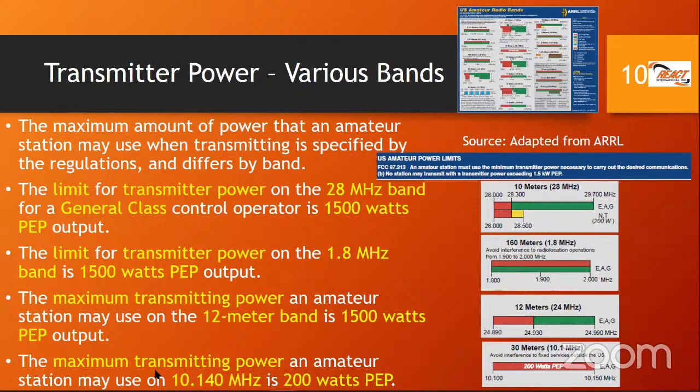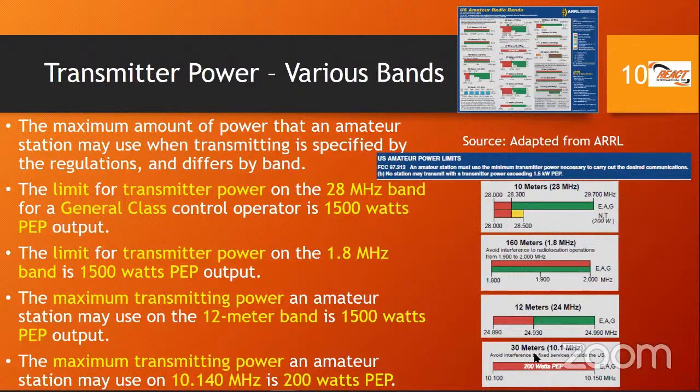Notice, however, when it comes to the 30-meter band or the 10 megahertz band, the maximum transmitting power an amateur station may use is 200 watts. Remember, we said the 30-meter band is a little bit of a different band, a very narrow piece of spectrum, and also the modes that you can do. Remember what we said about the 30-meter band?